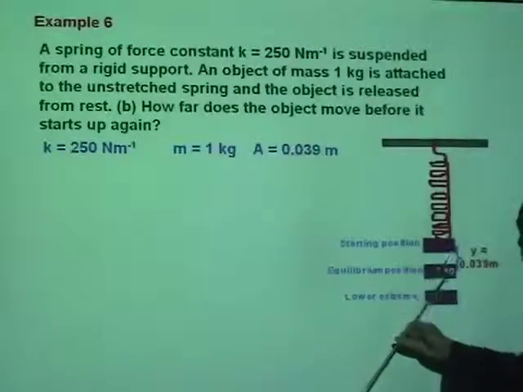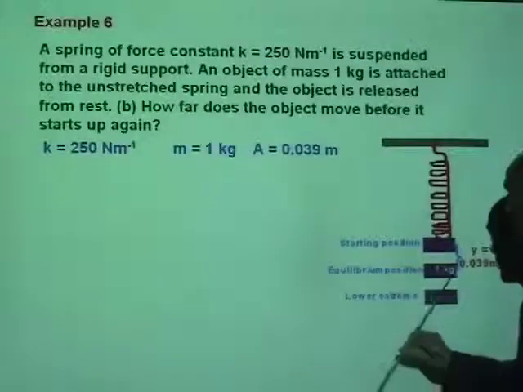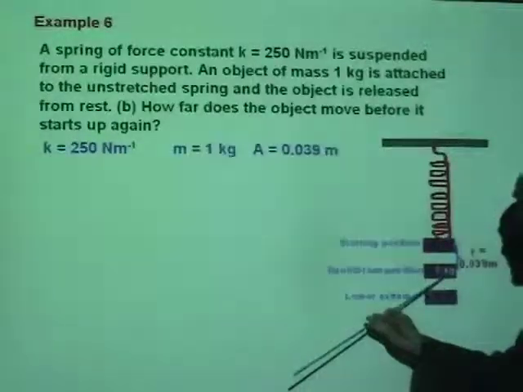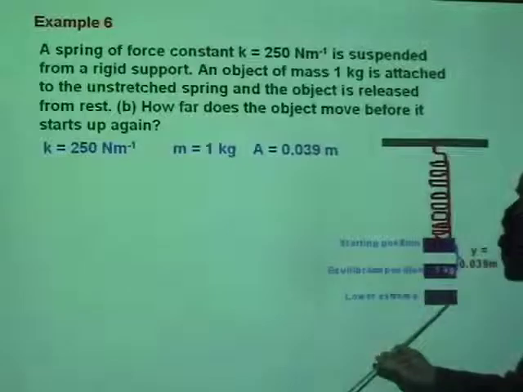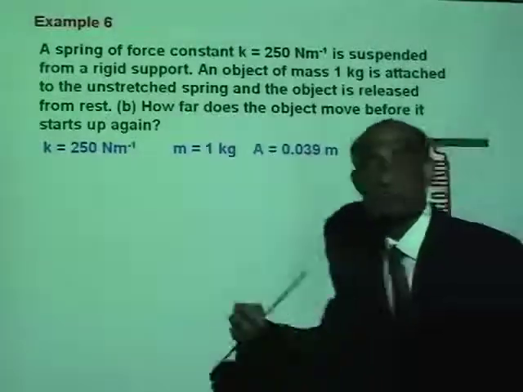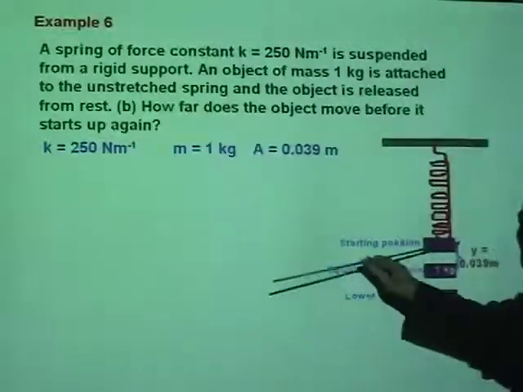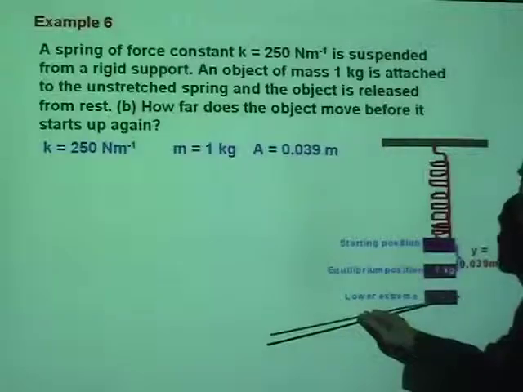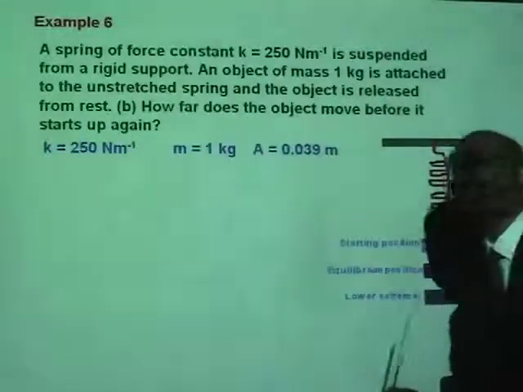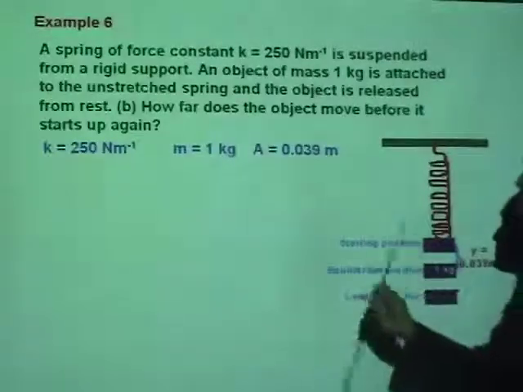If this distance is 0.039 meter, and this is going to be the amplitude of oscillation, then this distance also will be 0.039 meter. So B part can simply be answered just like that. It will be 0.039 meter plus 0.039 meter. That will be 0.078 meter below the starting position.